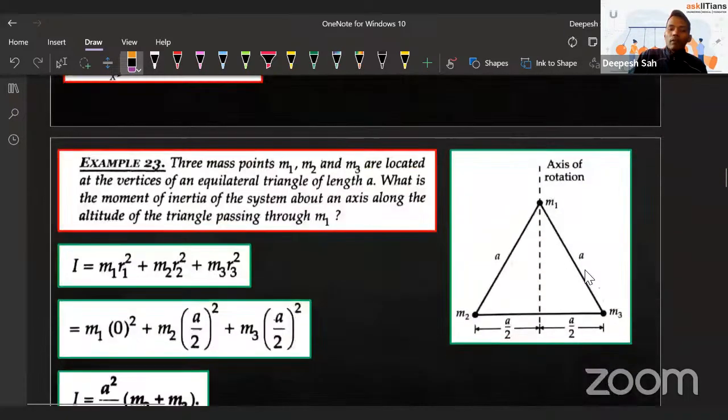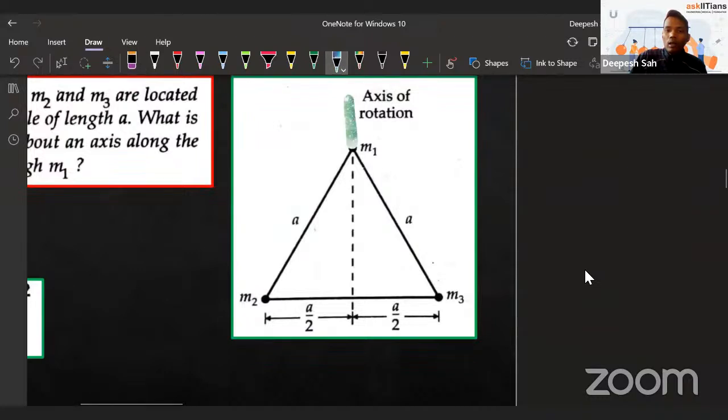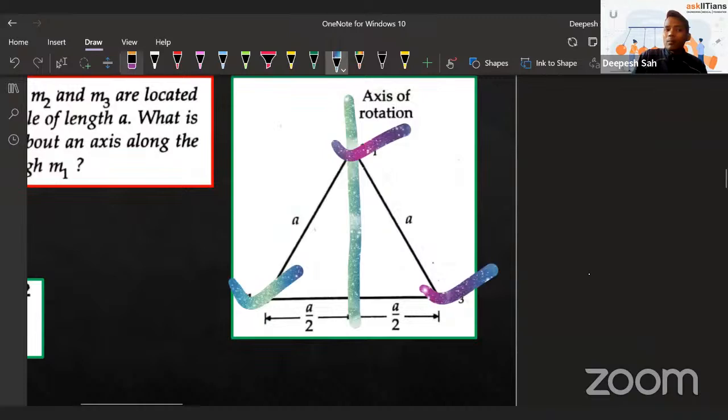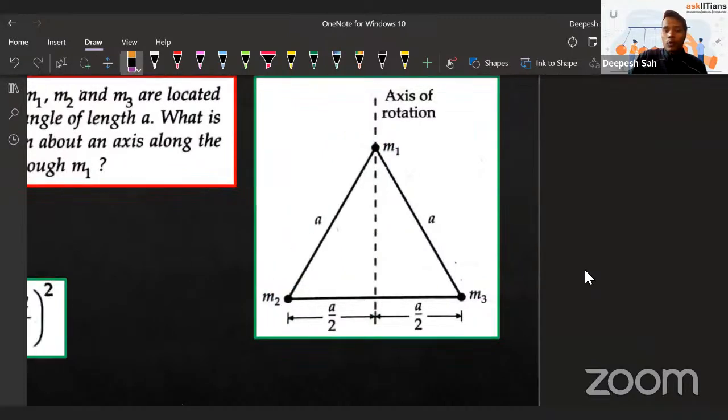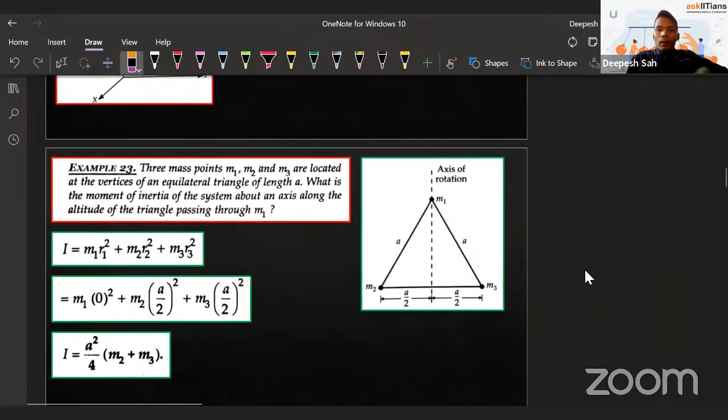We can actually have a look at this question. If this is the axis of rotation, then there are mass 1, mass 2, and mass 3 at some distances from the axis of rotation. If you calculate it, you will clearly see that mass 1 is at a distance of 0 from the axis of rotation.